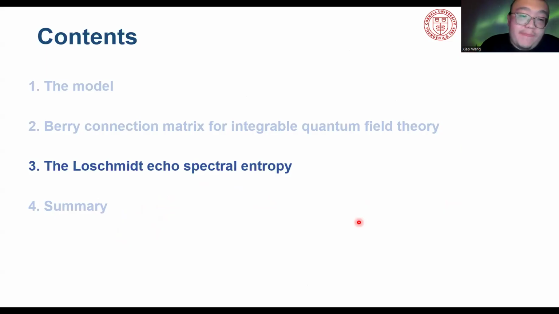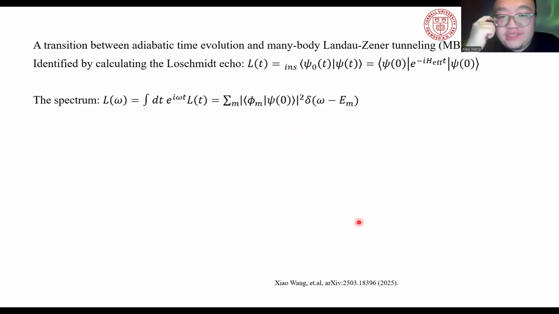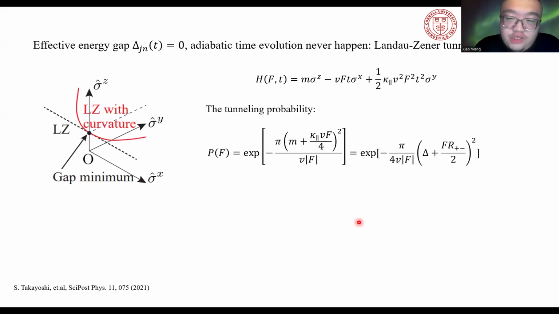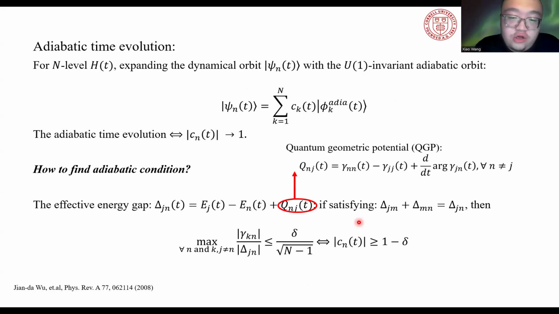So we can actually apply this result, the effective energy gap, to detect the many-body Landau-Zener process of this model itself. Let me remind you of some basic conditions that we have already introduced in the very beginning. We have this exact adiabatic condition to characterize whether this model, the time evolution process, is evolving adiabatically, or whether there is some many-body Landau-Zener process.